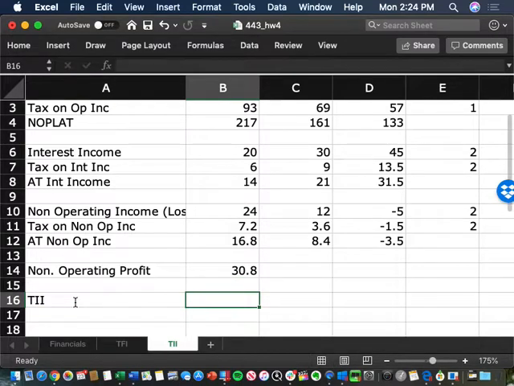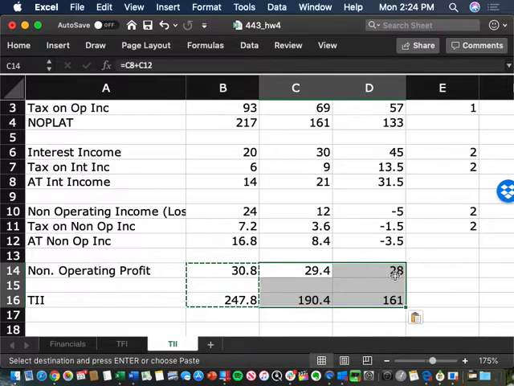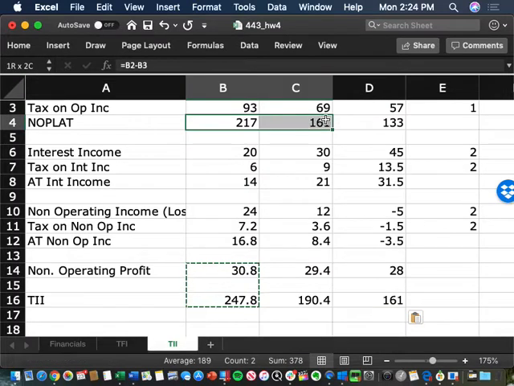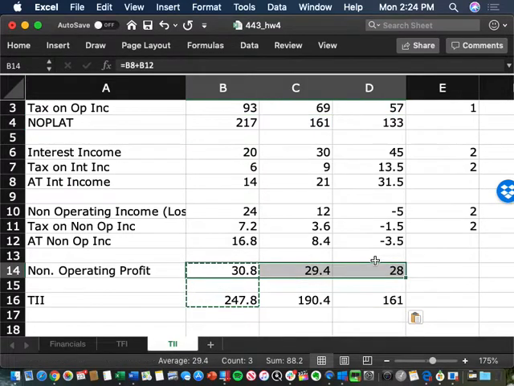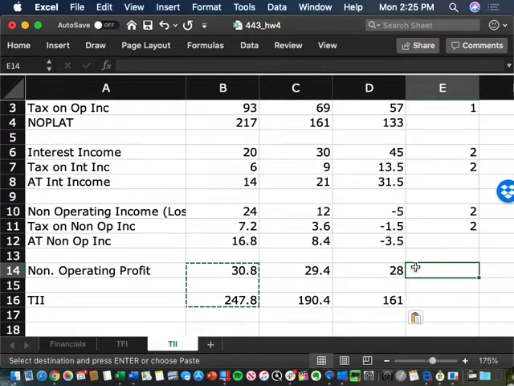We get our total income available to investors, which is the 217 of NOPLAT, the 30.8 of the non-operating profit, which was 247.8 of total income available to my investors. We made this much from running our business. We made this much from other miscellaneous things. This is the total income that we had to distribute to our investors.